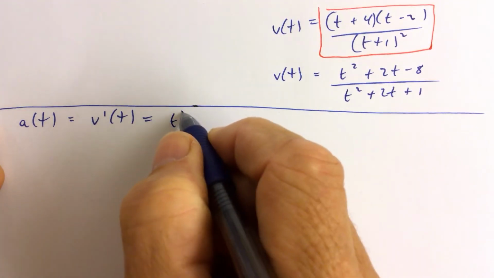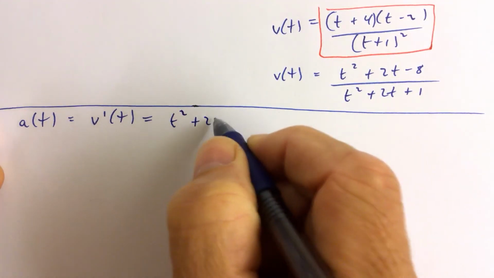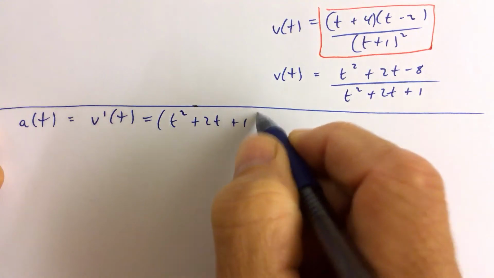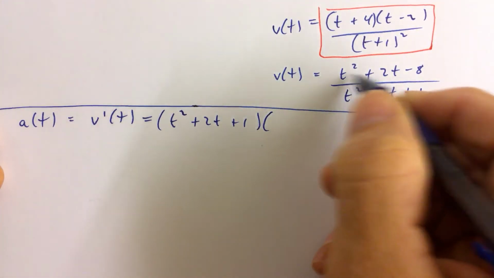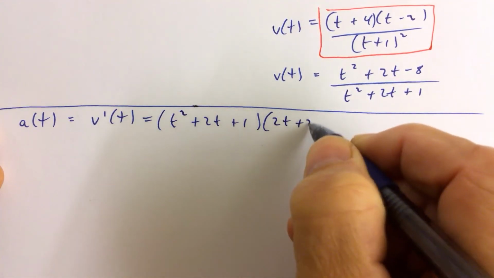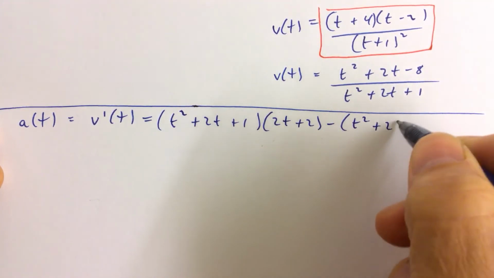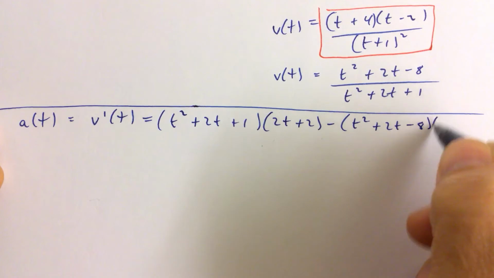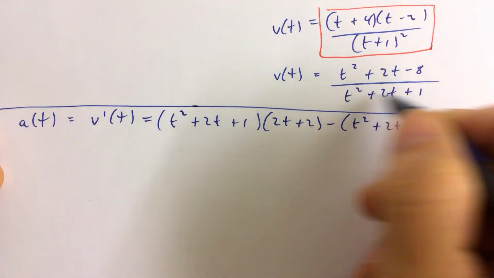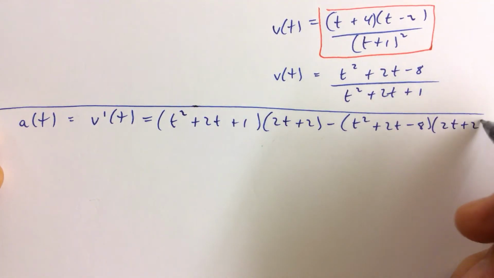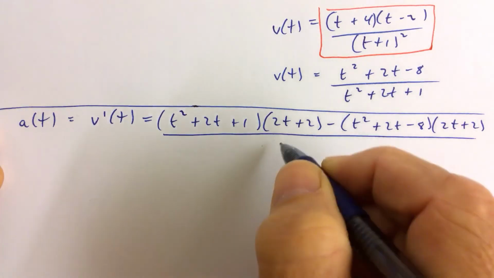So we have low, t squared plus 2t plus 1, d high, and the derivative of the numerator is 2t plus 2, minus high, t squared plus 2t minus 8, d low, 2t plus 2, all over low squared.